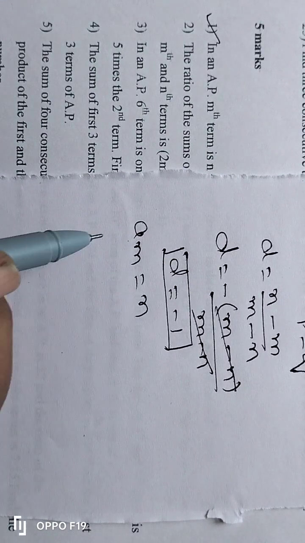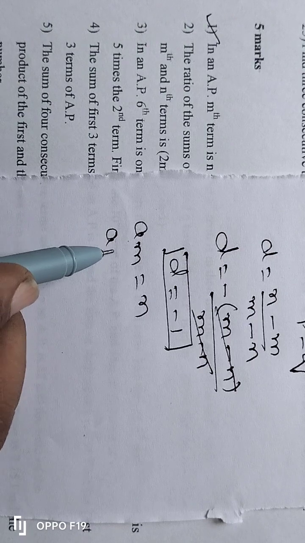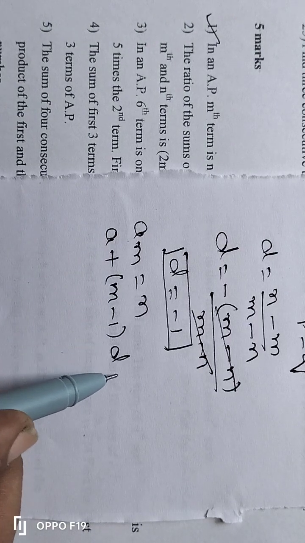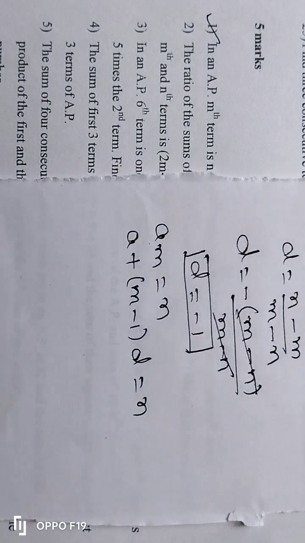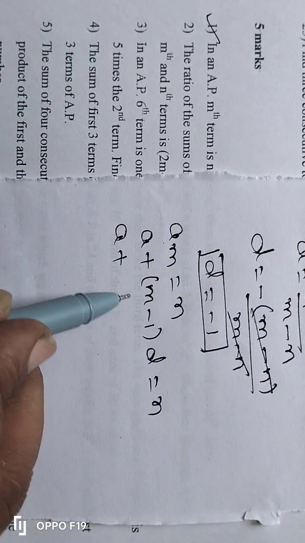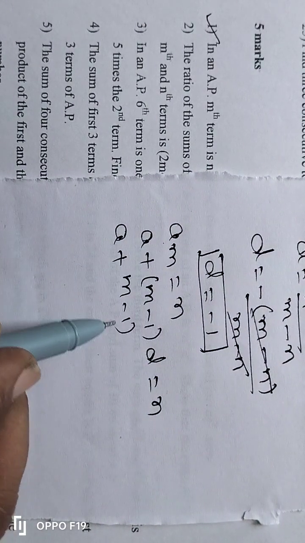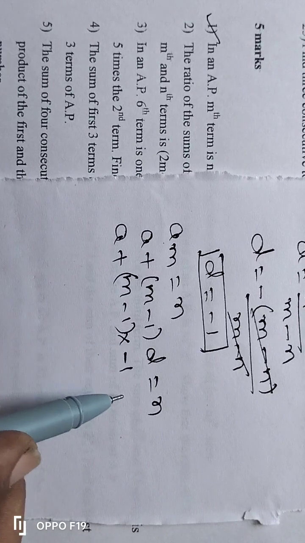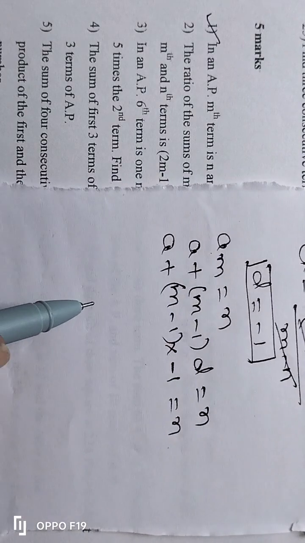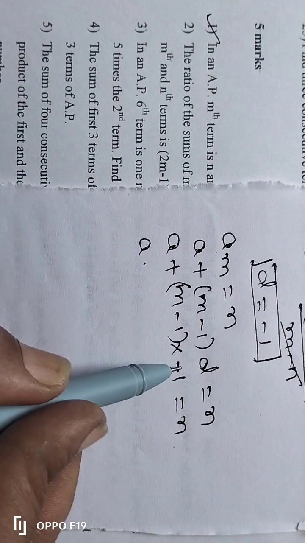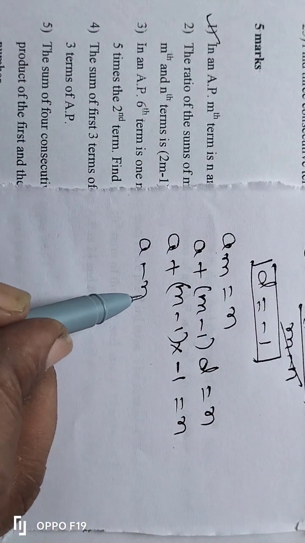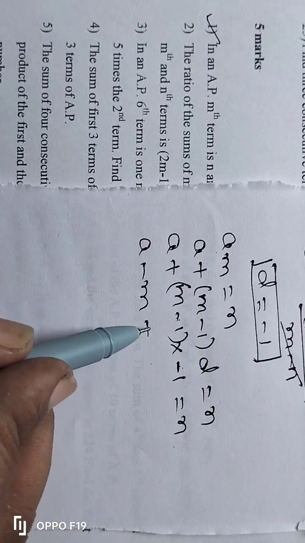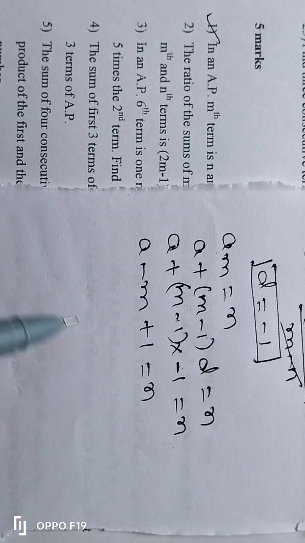After getting the value of d, find the value of a. am is equal to n. So am can be written as a plus (m minus 1) into d is equal to n. a plus (m minus 1) into d, where d is minus 1, is equal to n. Minus into plus is minus m, minus into minus is plus 1, which is equal to n.